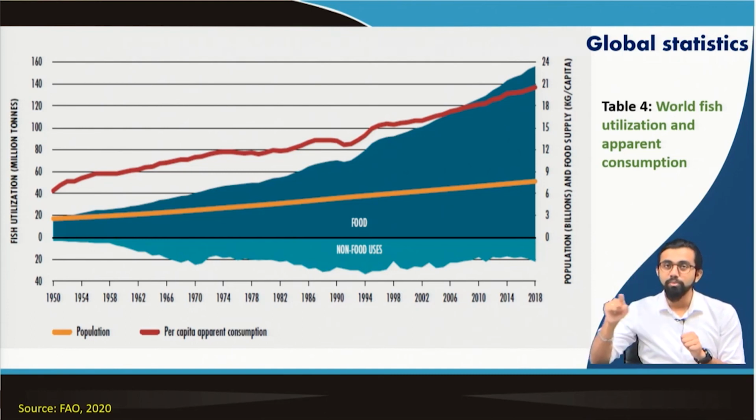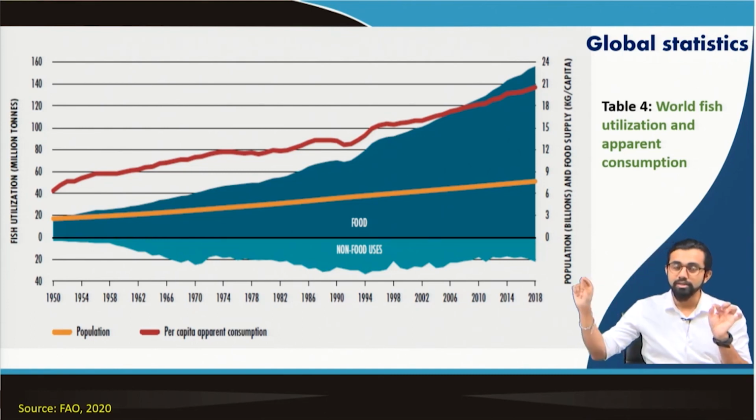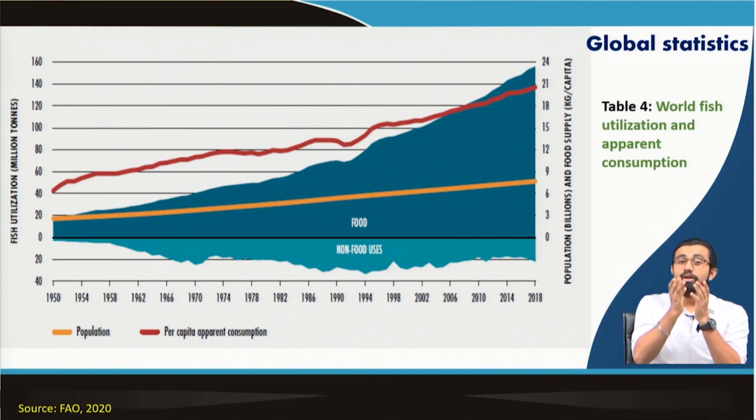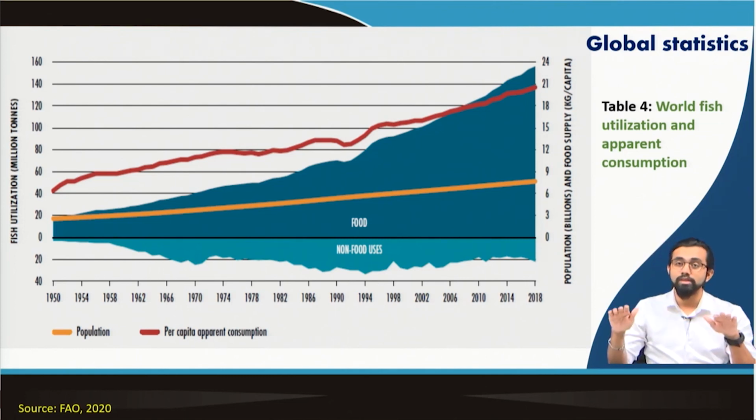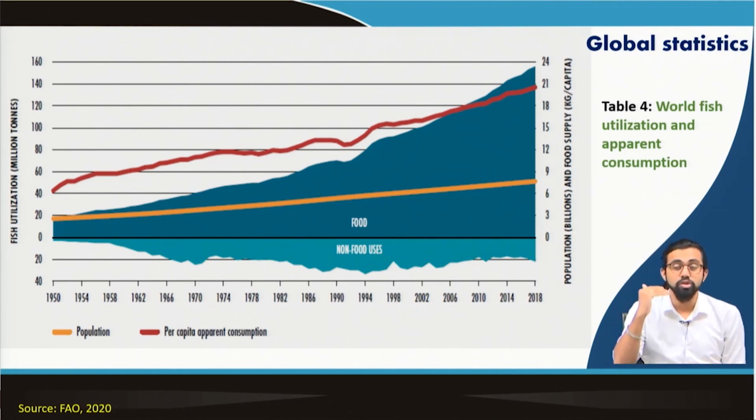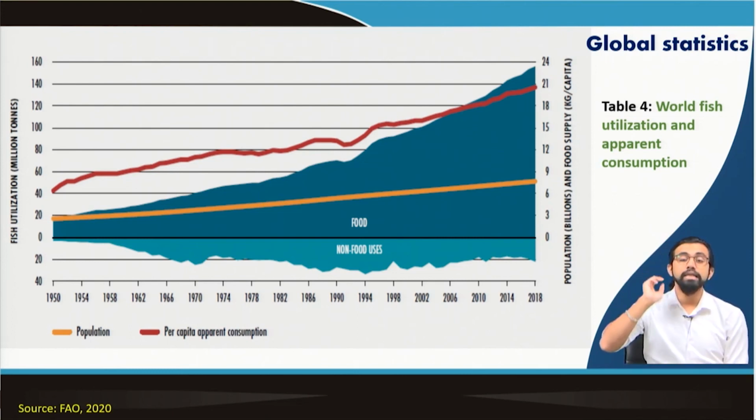The population is not increasing much, only fluctuating. The difference in per capita apparent consumption is much higher than the changes in the population. Do you understand what I mean to say? The same way, if you see food and non-food sources, non-food use is almost the same, but human food consumption is increasing like anything.